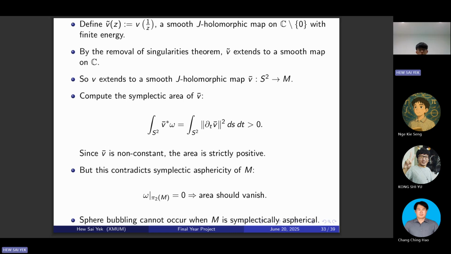But this contradicts M being symplectically spherical: every map from the sphere to M must vanish symplectic area. So the bubble cannot occur when M is symplectically spherical.